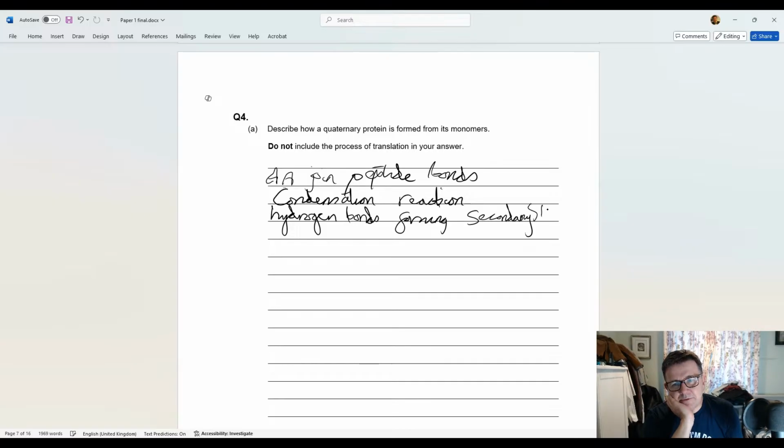So it's asking for all the things, going through the different structures. And then tertiary structure is formed with the interaction between the R groups, so interactions between R groups of the amino acids.